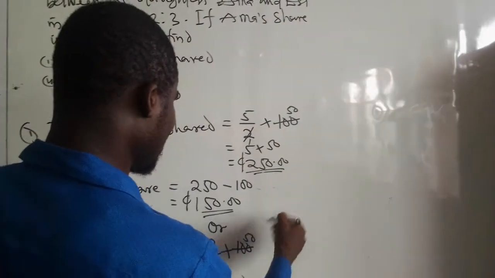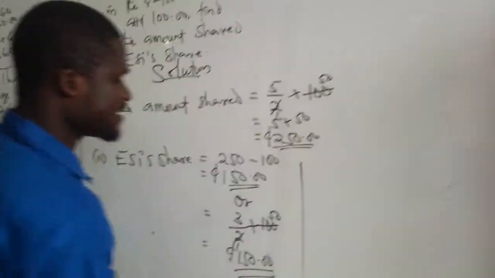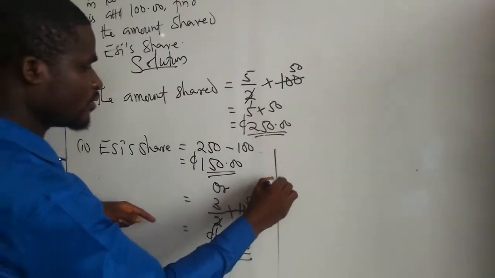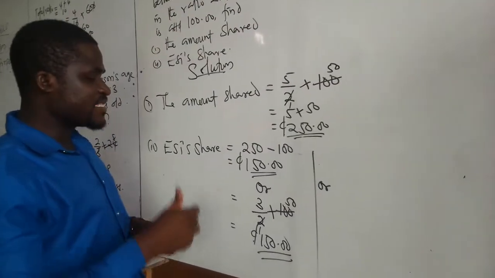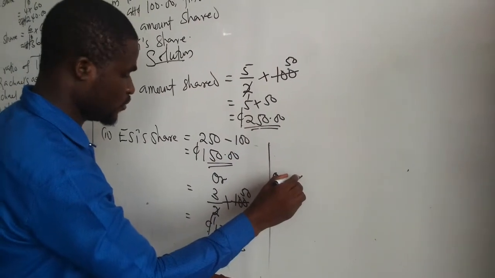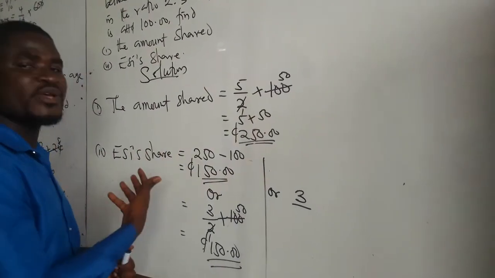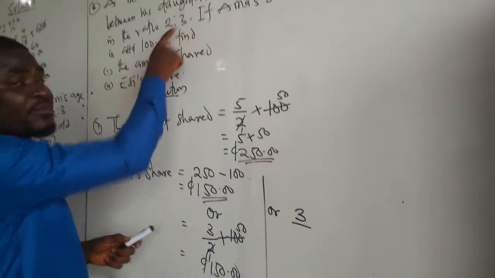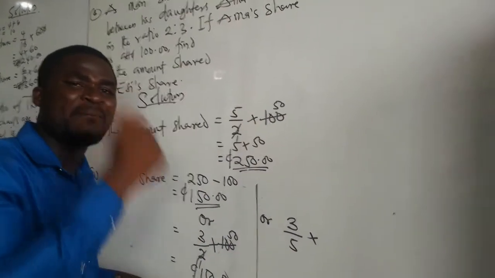Now method 3 for S's share. You can also do it this way. S's ratio is what? 3 over the total ratio. Now, the total ratio here is 5 because 2 plus 3 is 5. Now, times the amount shared.